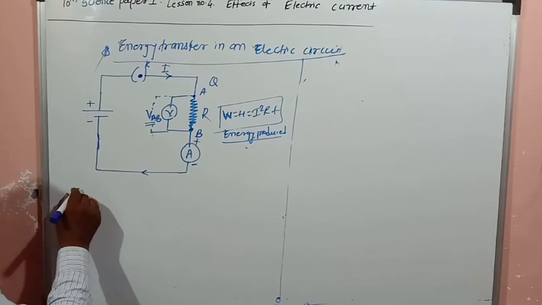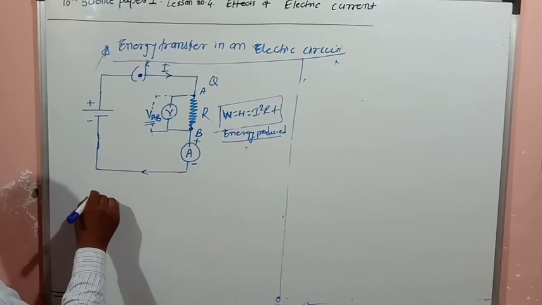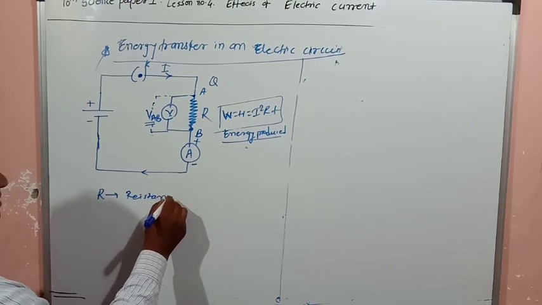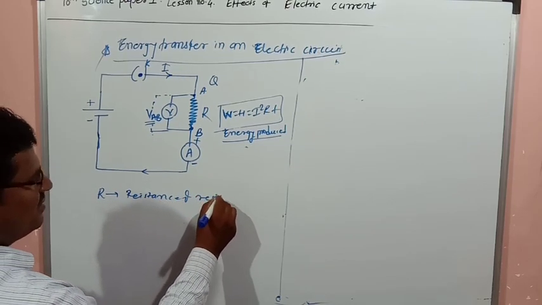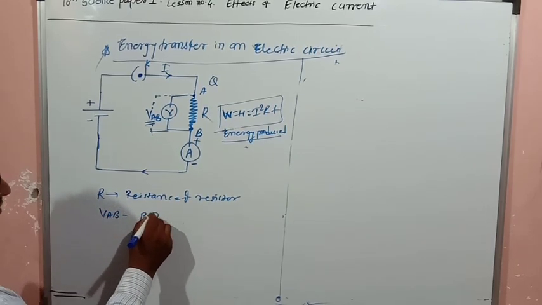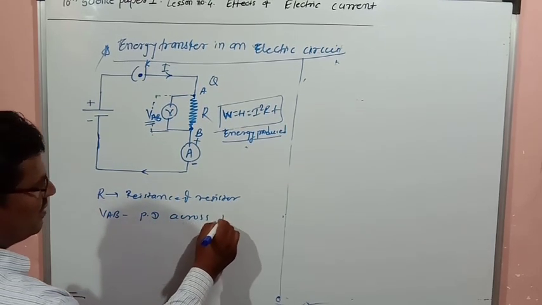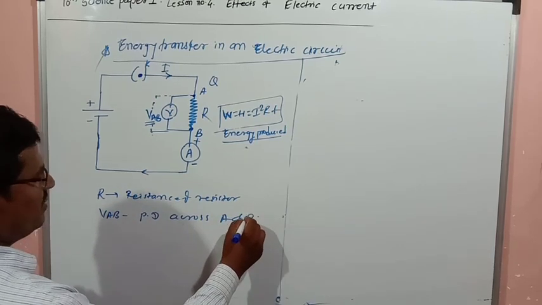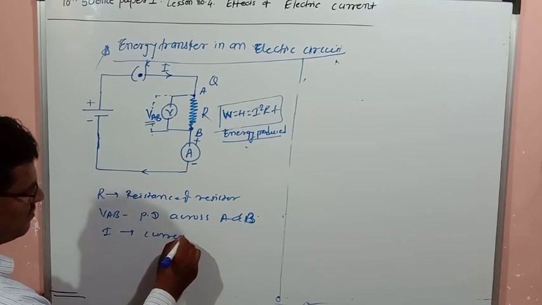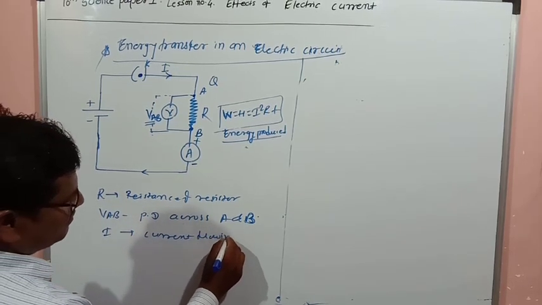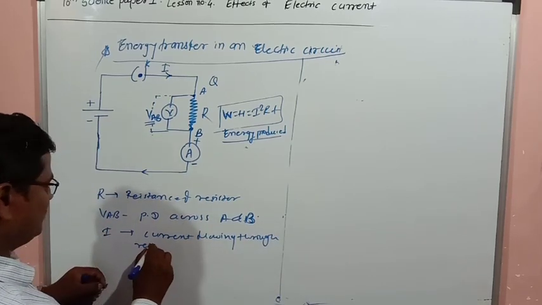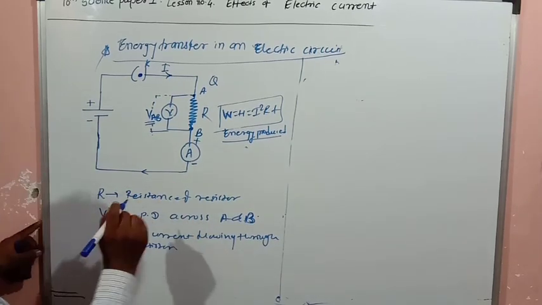So R is the resistance of a resistor. VAB is the potential difference between A and B. Then I is the current flowing through a resistor or conductor.